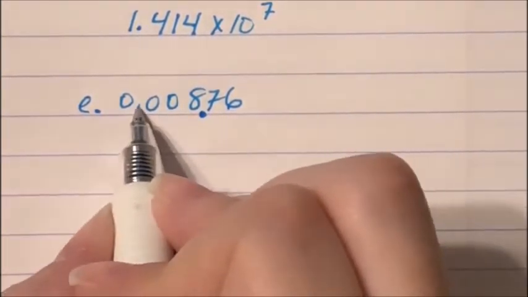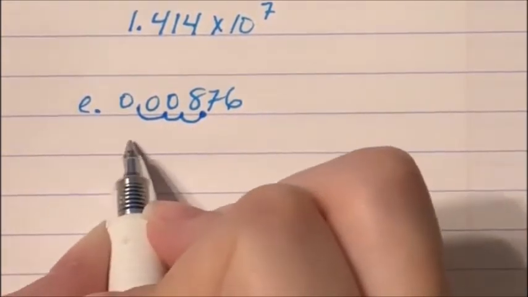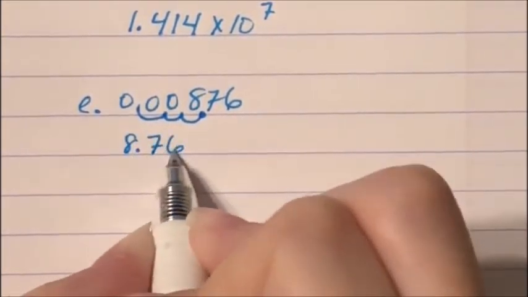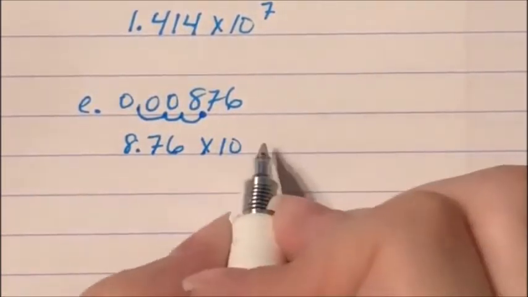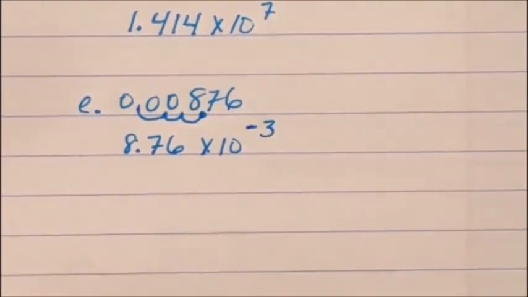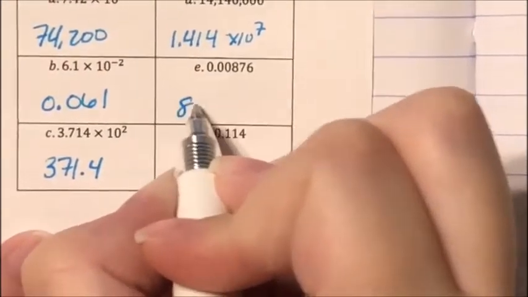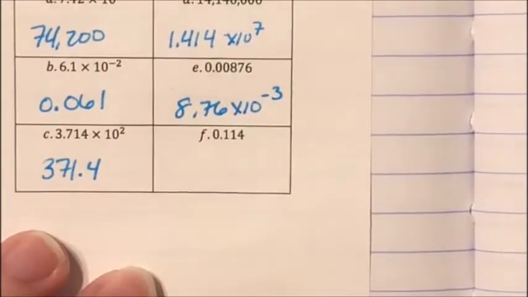Okay, and I had to move my decimal. 1, 2, 3. So I get 8.76 times 10, and because I moved it backwards, right, I'm going to have a negative 3. So I get 8.76 times 10 to the negative 3rd power.